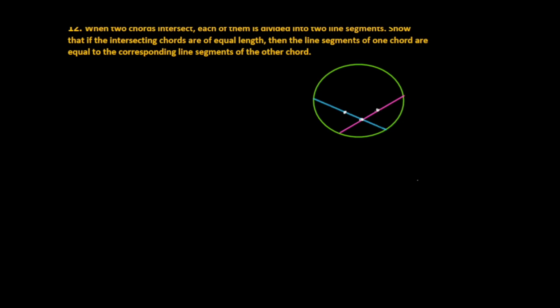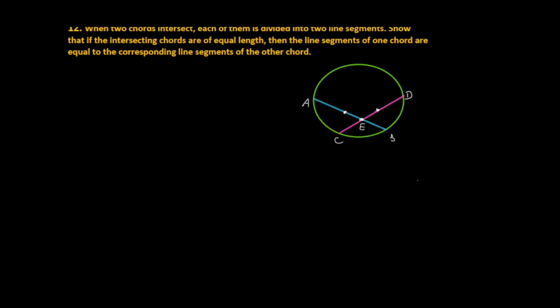12th sum: when two chords intersect each other, each is divided into two line segments. Let's take a chord AB and a chord CD. They are intersecting at a point E. So we can see two segments. AB is divided by AE and EB.